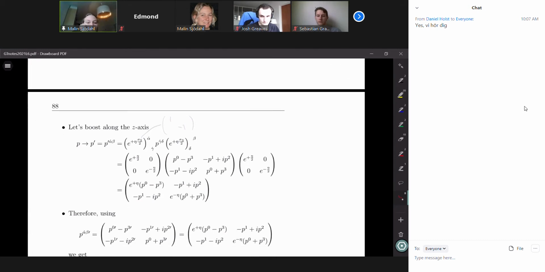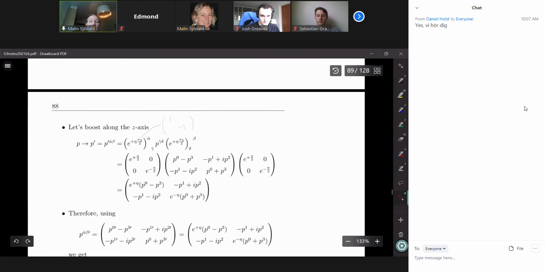This is easy. For example, this element here picks up a plus eta half from here and a plus eta half from there, so it will be e to the plus eta times what it was. This element will pick up a plus eta from here, but a minus eta from there.